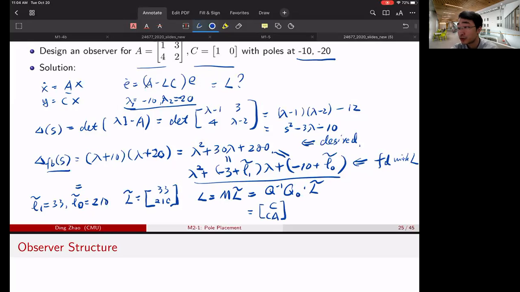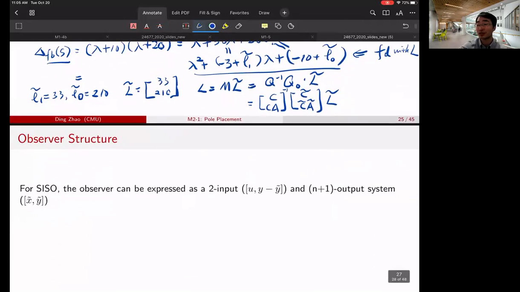And the Q tilde will be the inverse of C tilde, C tilde A tilde, times L tilde. With the characteristic polynomials, you should be able to compute this C tilde A tilde, and this A, C was already given, and L tilde was computed in this way. So eventually you can compute what L is. We won't do the calculation here. Okay, so that's basically what happens.